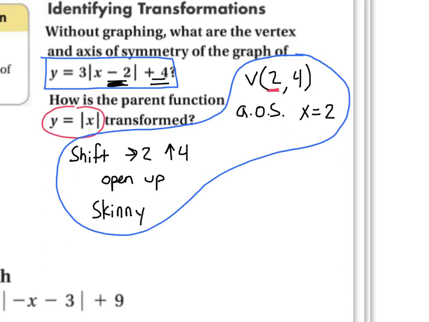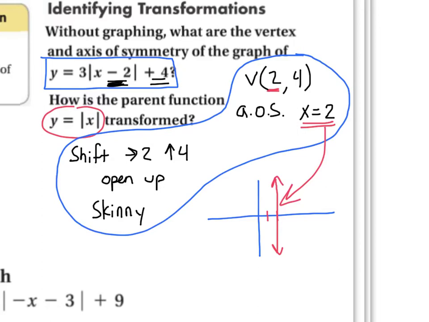And the x equals 2, is that just because it's in the absolute value? The axis of symmetry, x equals 2, is a vertical line. If I graph that line, I go to where x equals 2, and it's a vertical line. So that is the equation of this line. We had a homework problem like that a couple days ago, where we graphed a vertical line.